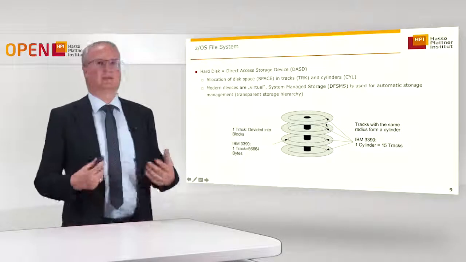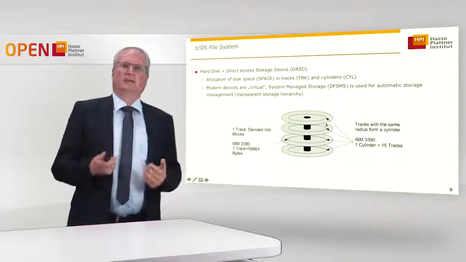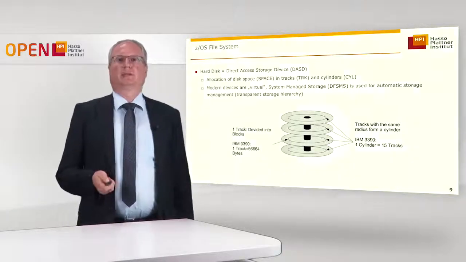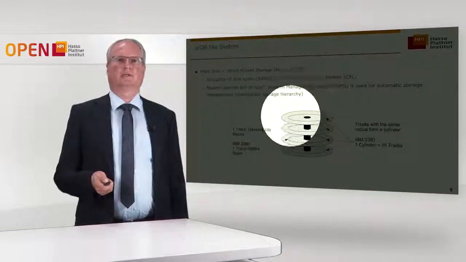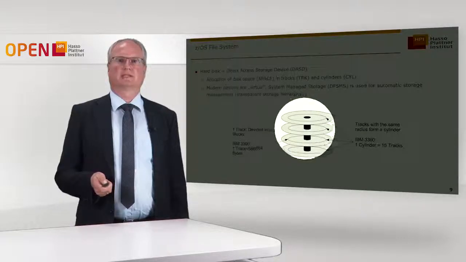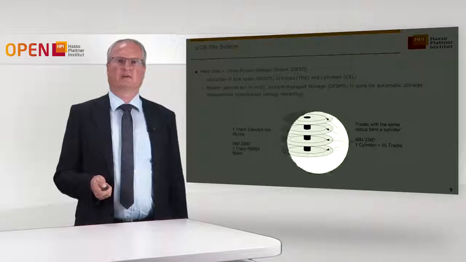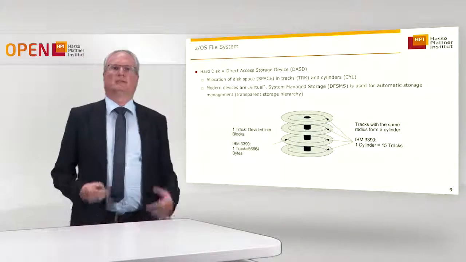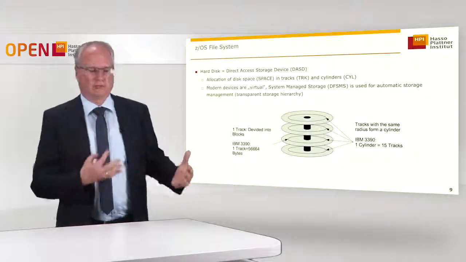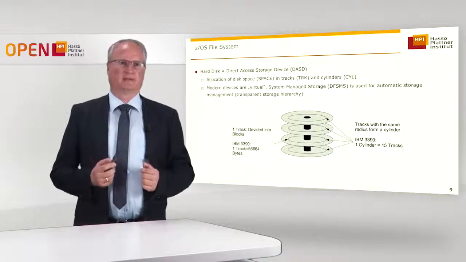One radial circle of information is called a track. So every disk has a track, and all tracks that are directly on top of each other are called a cylinder. And these are the units that are used for storing and specifying the volume amount.